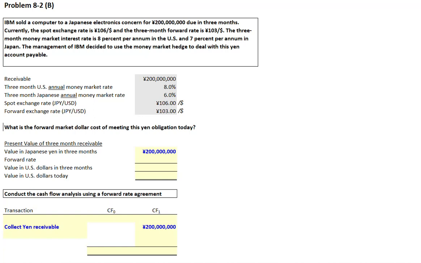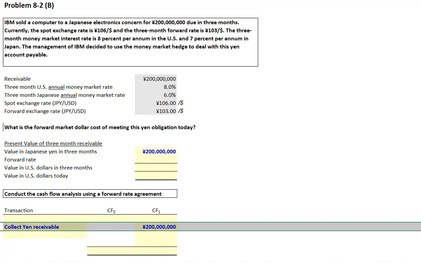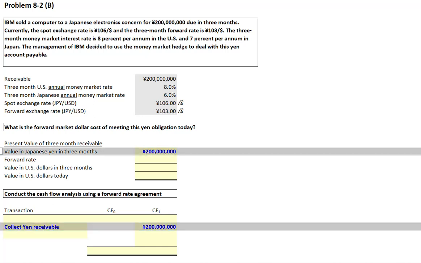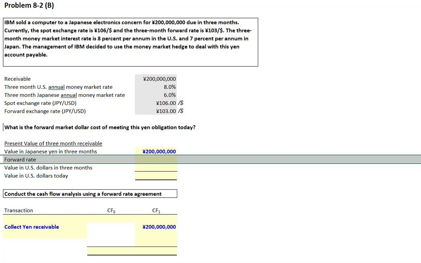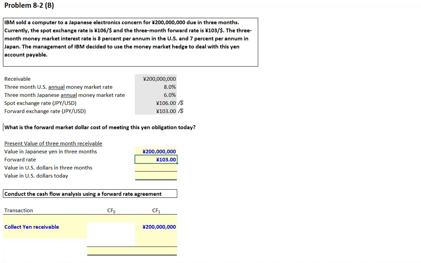For our forward market hedge, we have the same Japanese yen receivable of 200 million yen in 3 months. We need to find the present value of that in US dollar terms today. But instead of converting it at the spot rate, we will convert it at the forward rate, and our forward rate was 103 yen per dollar.